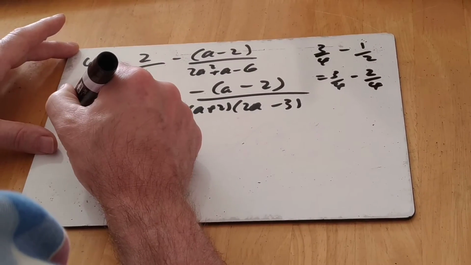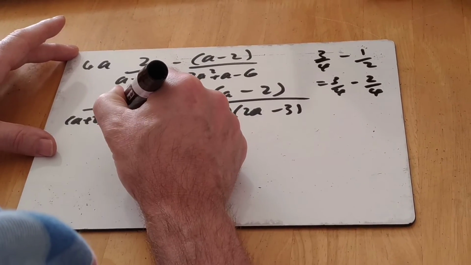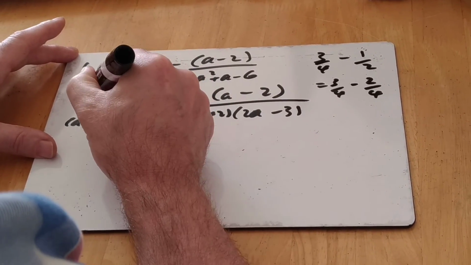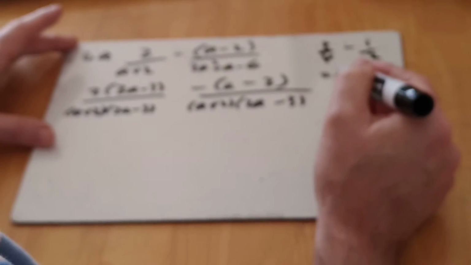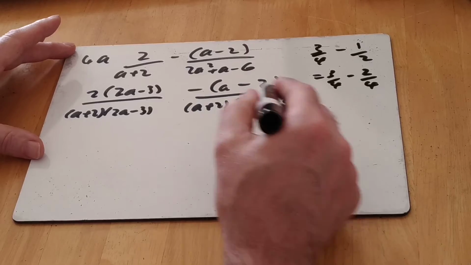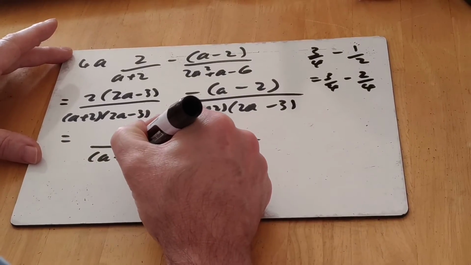In the same sort of way, if I want this denominator here not to be a plus 2, but a plus 2 times 2a minus 3, I need to get what it was and multiply it by 2a minus 3. I now have the same denominator, so I can then just concentrate really on the top.